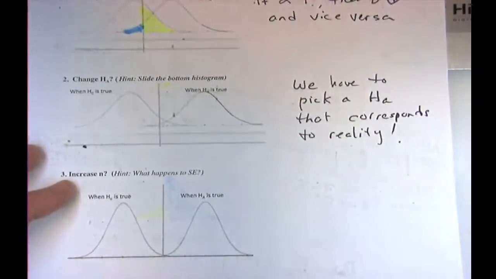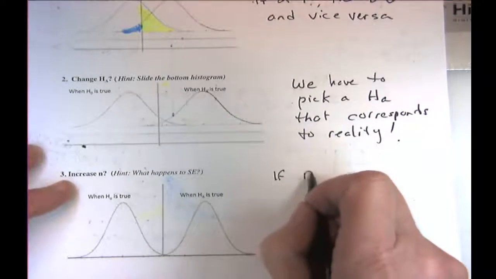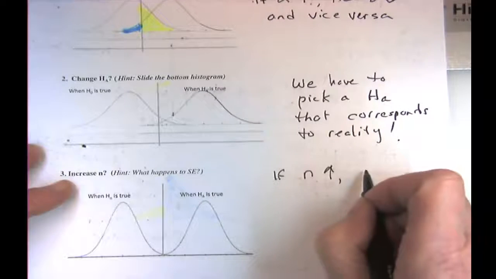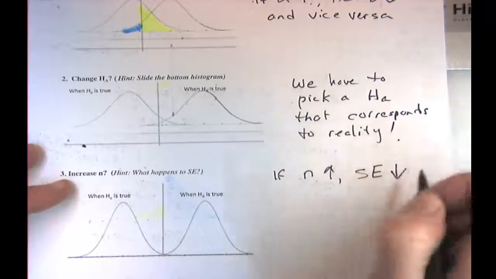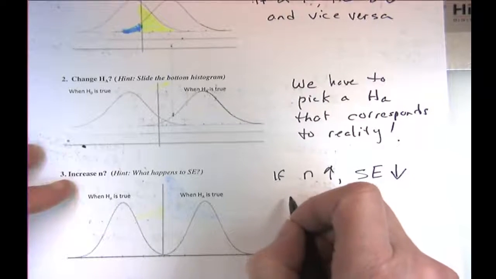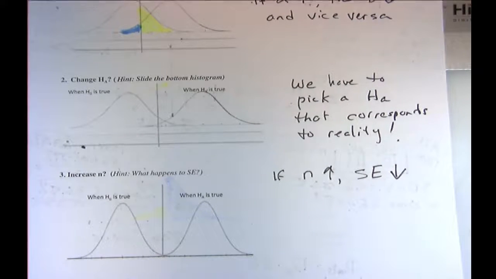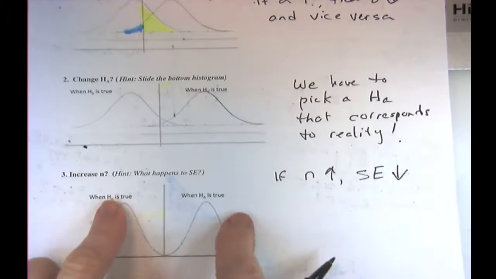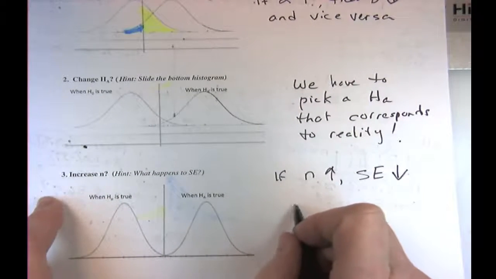So the last thing that we can do is increase n. If n increases, then our error with a bigger sample size will go down. We'll have a more precise measuring device that can give us better evidence of each hypothesis. You can see that because if we increase n, look what happens.